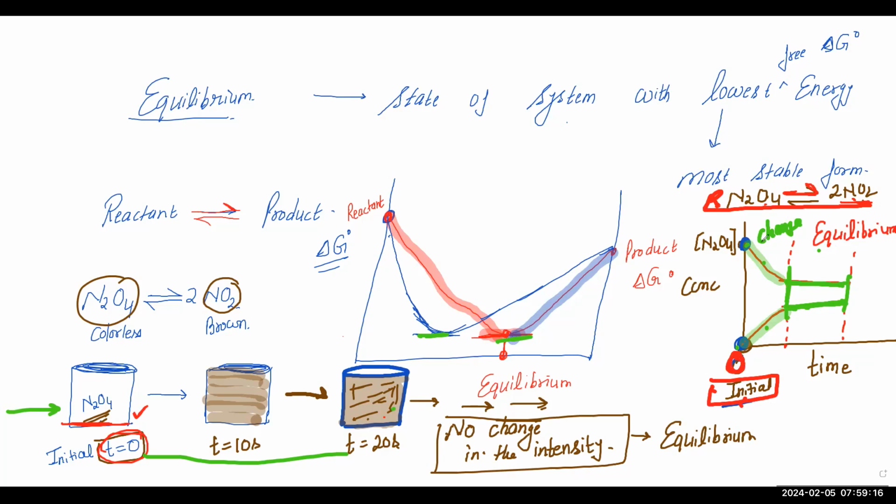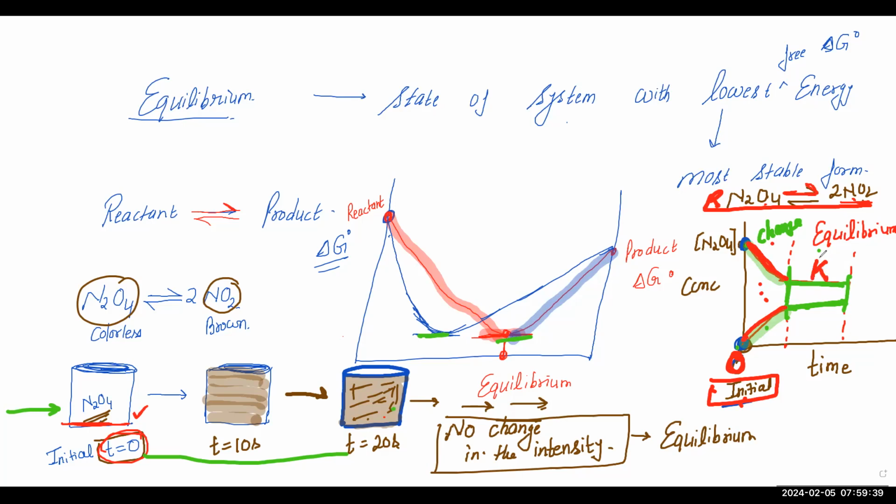Then the system is struggling. This is the struggling state. The system is moving in the forward and reverse direction to get the equilibrium. This is the changing form. And finally, the system is coming to peace with equilibrium.